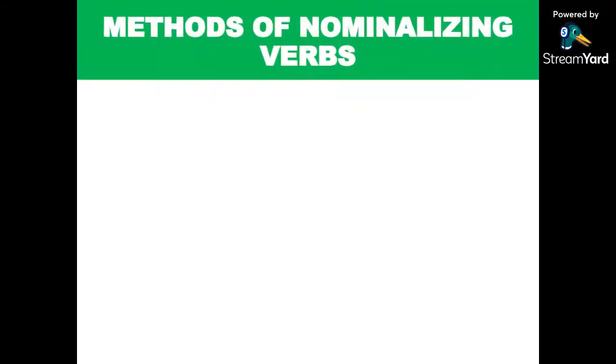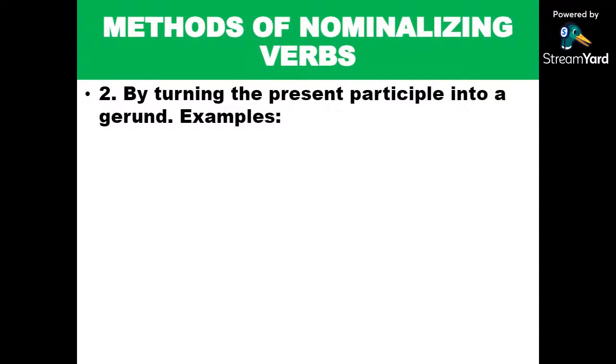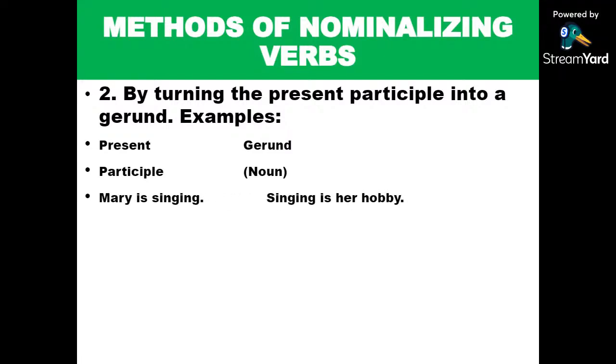Now, the second method of nominalizing verbs is by turning the present participle into a gerund. For example, we have the present participle, and then if we use that as a noun, that is a gerund. For example, Mary is singing.